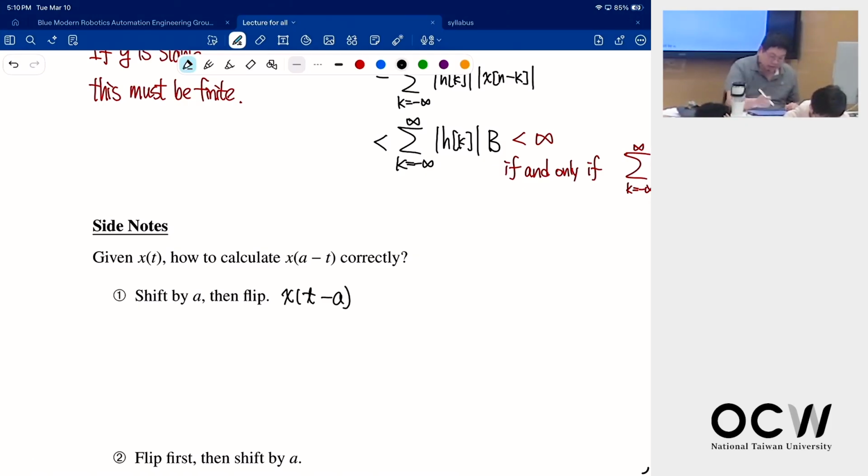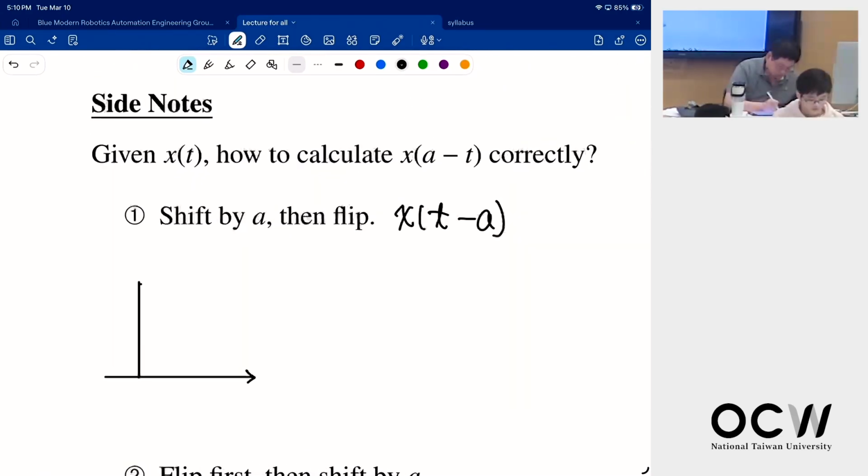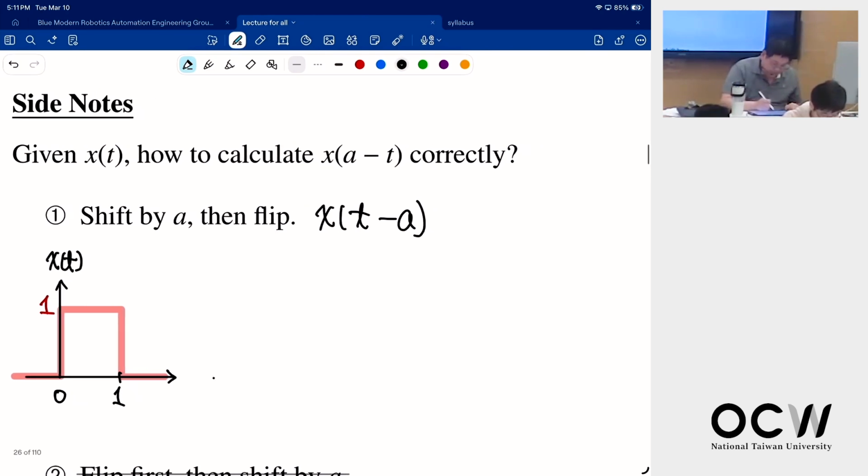Suppose I have a signal, this is x(t), from 0 to 1, where the magnitude is 1. I shift by 3, for example, to the right, x of t minus 3.